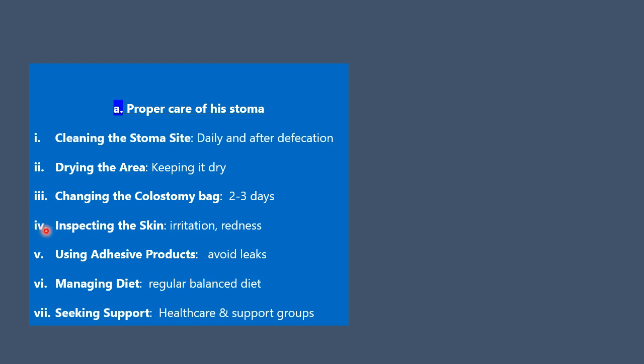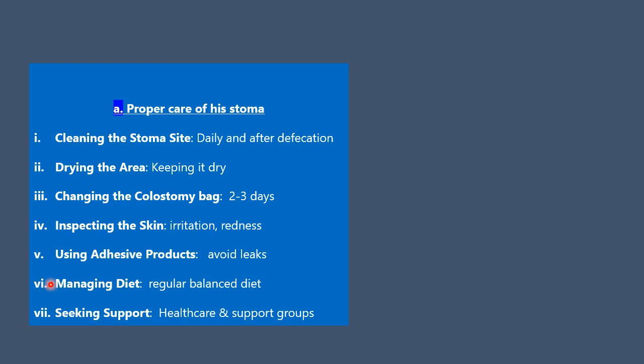Fourth, inspecting the skin, looking for signs of irritation or dermatitis, redness, pain, and itchiness. These are important things that you must look for, and if you have them, then consult the healthcare providers for further treatment. Fifth, using adhesive products, those provided with the colostomy bag, which will avoid leaks and thereby reduce complications.